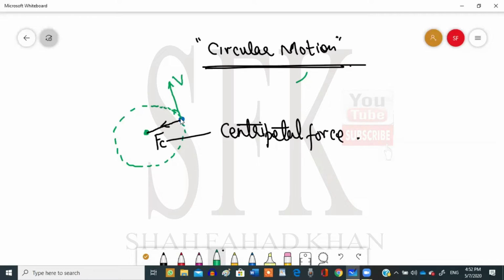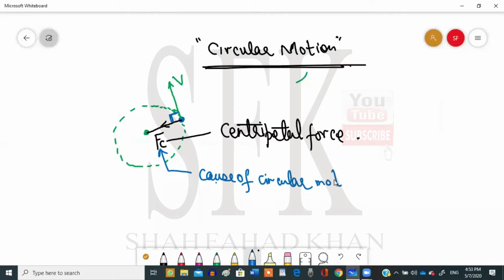If this is the direction of velocity of the object, the force must act perpendicularly, at a 90-degree angle, in order to move this object over a circular path. So this force is actually the cause of circular motion.